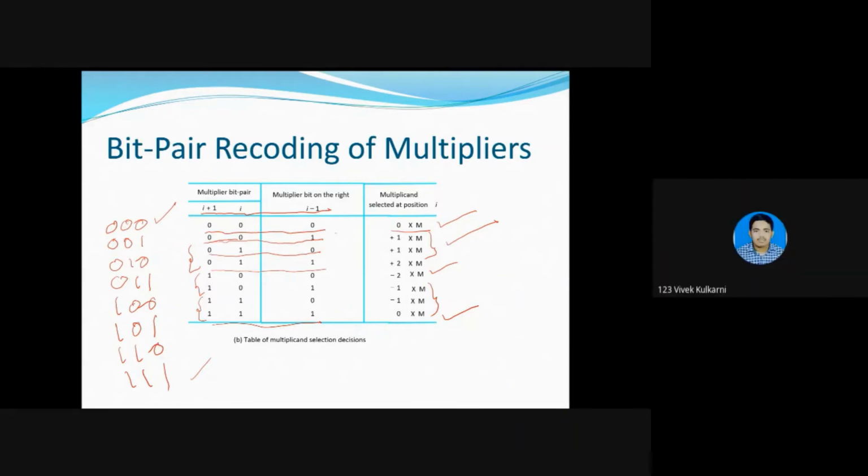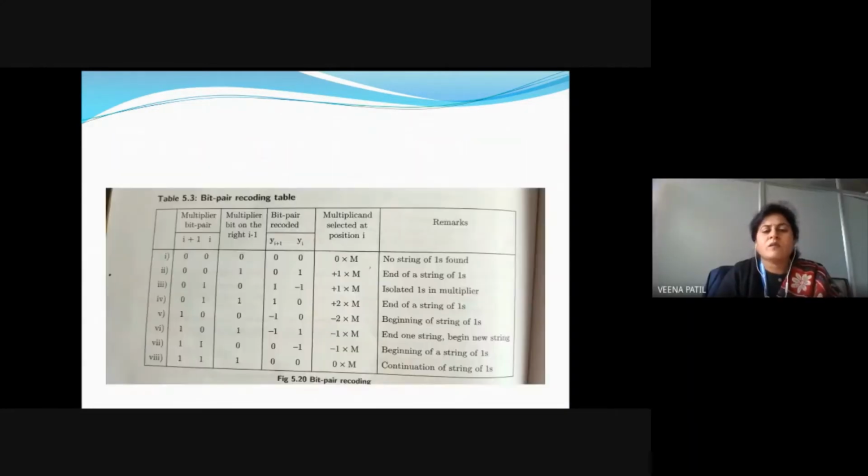Okay. Now take down the meaning in front of that. What is the meaning? 0 into m means no string of ones found. You have to skip it. Plus 1 means end of a string of ones.